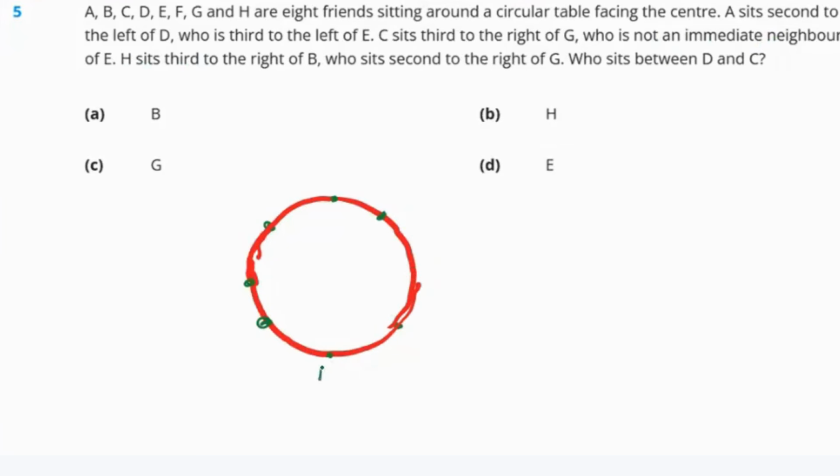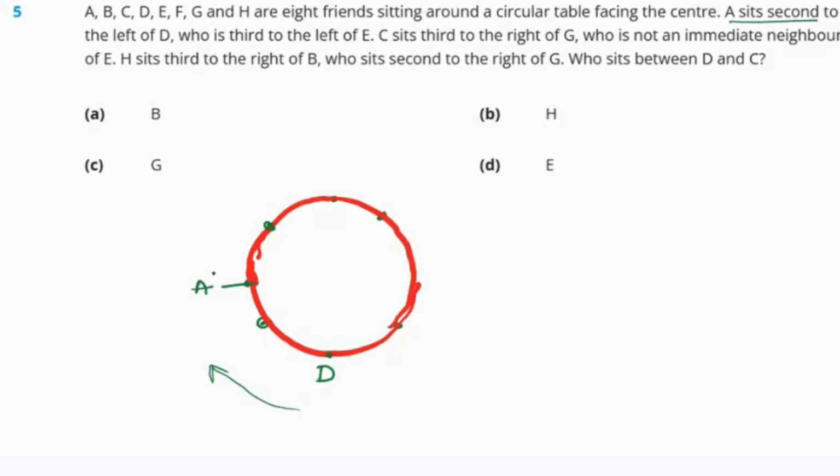Now if I'm placing D over here, so according to the question, A sits second to the left of D. Now left to the D is this position, in this direction is left. Now A sits second position from the left of D. So A should be here at this position. Correct.